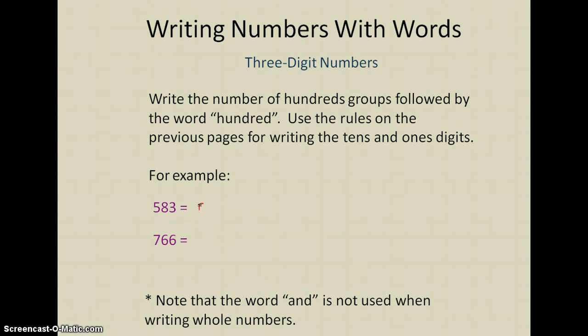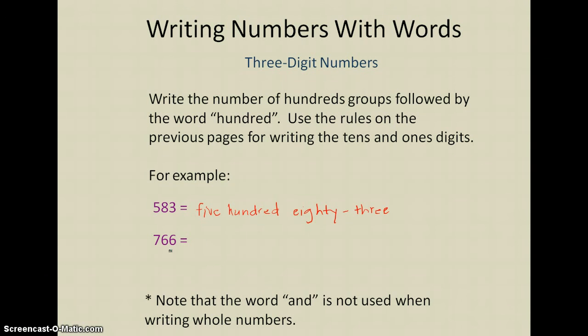So I would write 500, and then 83. And again, I'm going to use a hyphen here because 83 is a number between 21 and 99. I'm always going to put a hyphen in between the two parts of those numbers.